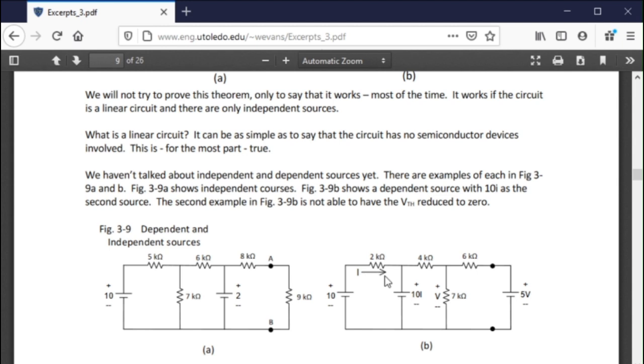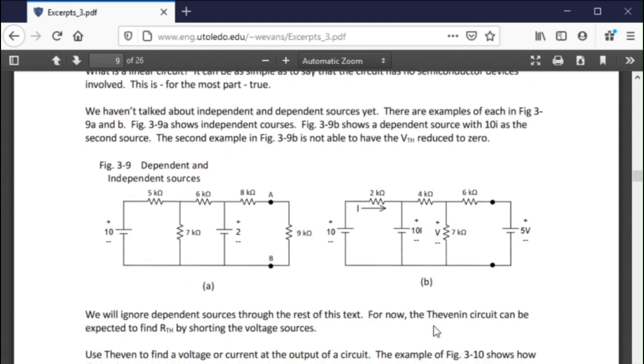As this gets bigger, so does this voltage right here. See that? So this one would be a dependent source, and this would be independent. You can Thevenize this one, but you can't Thevenize this one. A little different there. You can Thevenize this circuit, but it's hard to do with this one.